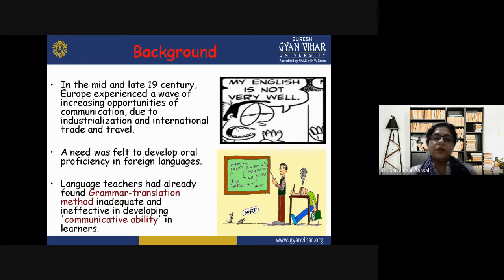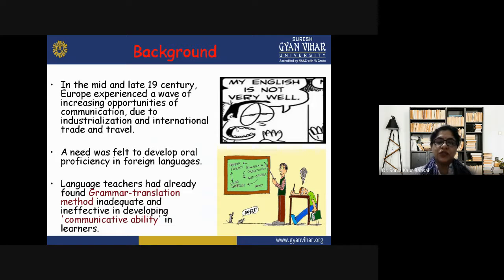People were comfortable in their own languages earlier, but they needed a clear medium of communication. So a need was felt to develop oral proficiency in foreign languages, and this was the background.